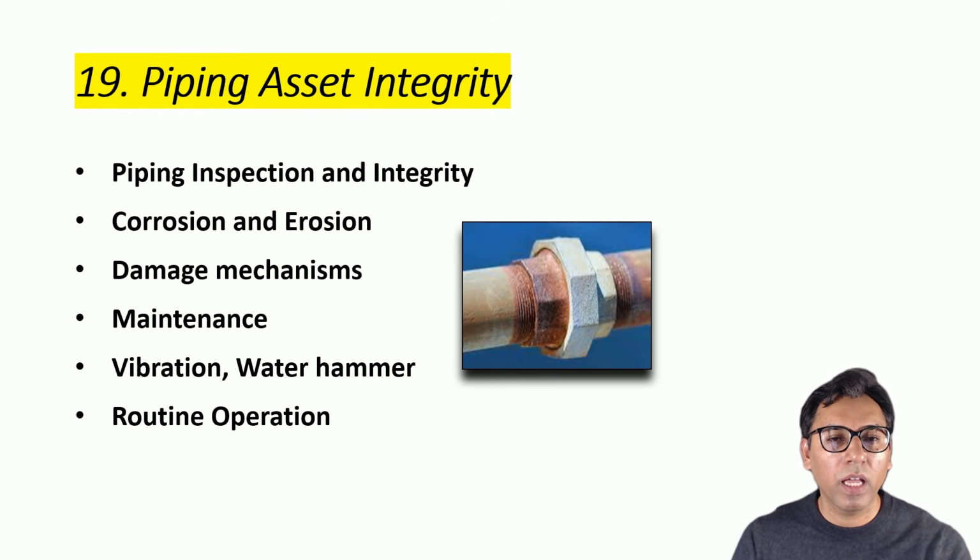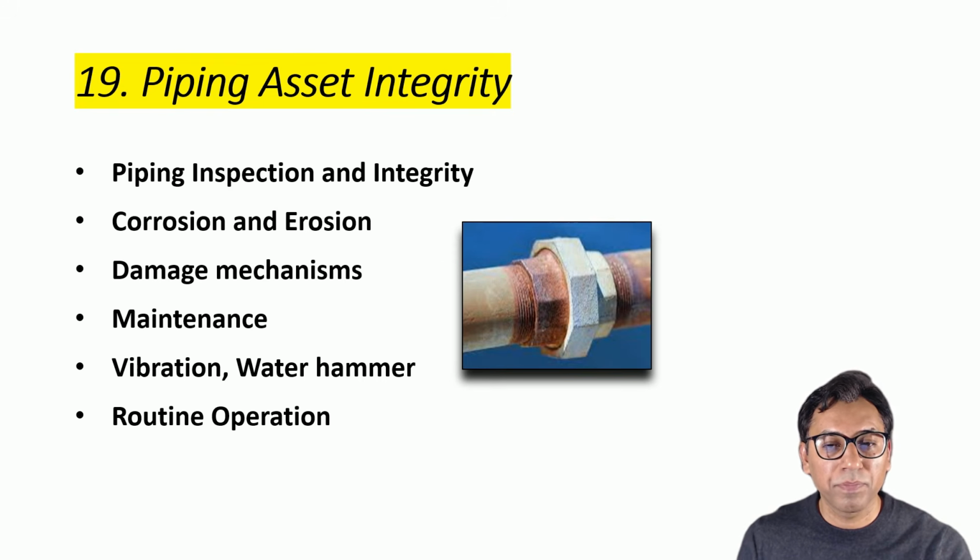There could be questions like how piping can be saved or protected from corrosion and erosion. What are the common damage mechanisms, what material we should select to withstand those damages, what is the type of the fluid, and what are the environmental impacts as well.